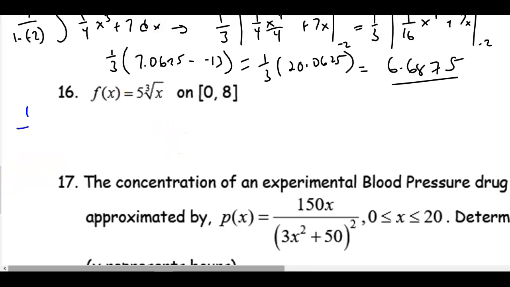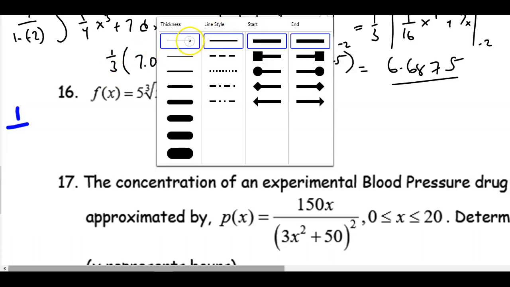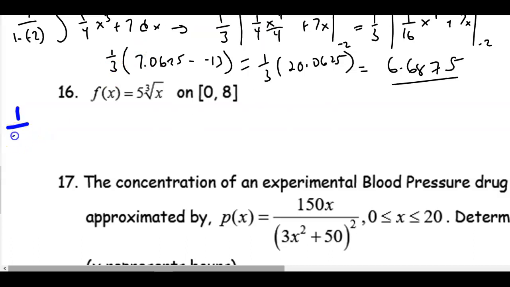For this one right here, I'm going to rewrite this one a couple times. 1 over b minus a, so 1 over 8. 8 minus 0 is 8. And then we have 5 x to the 1/3 dx.